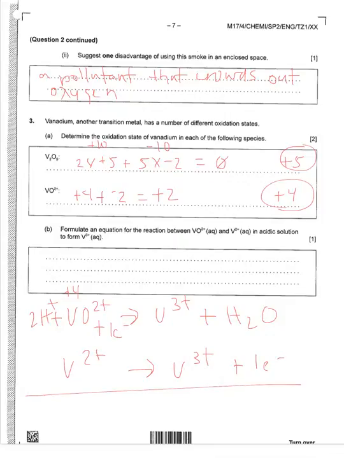So when I add this up, I have 2H+, I have my VO2+, I have V2+, and then I end up with 2 V3+ ions. I'm getting 1 from reduction and 1 from oxidation. My electrons cancel out as they should, and I have an H2O. So that's the equation they're looking for on part B.